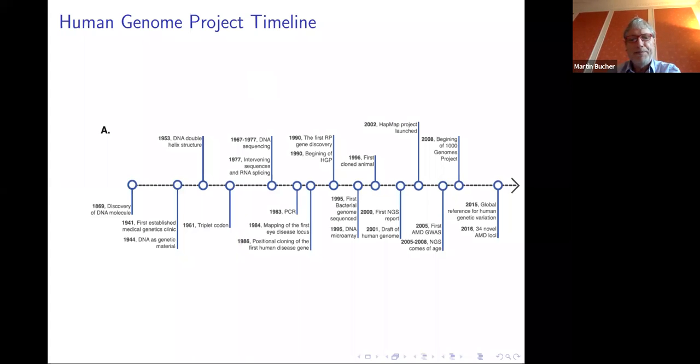So this is a timeline of the sequencing technology. And on the next slide, we'll see something that looks a little like Moore's Law.